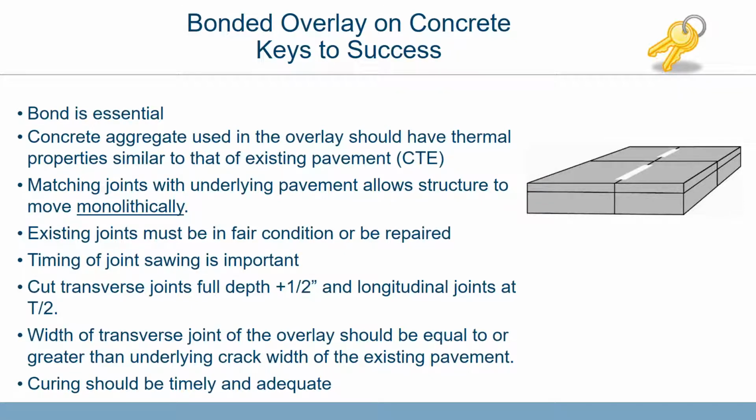It may not be closed up on the bottom, but certainly could be on the top in the overlay if the joint is not wide enough. And that would oftentimes result in issues of debonding in those areas or other types of joint deterioration.